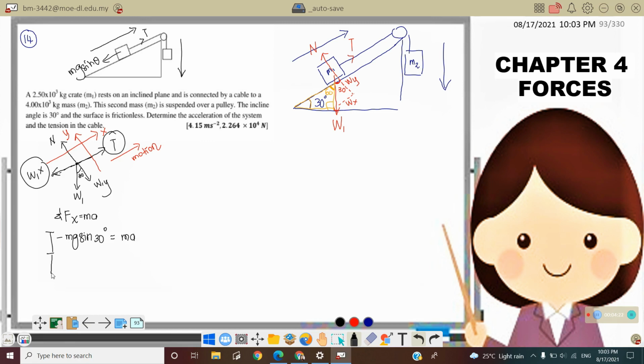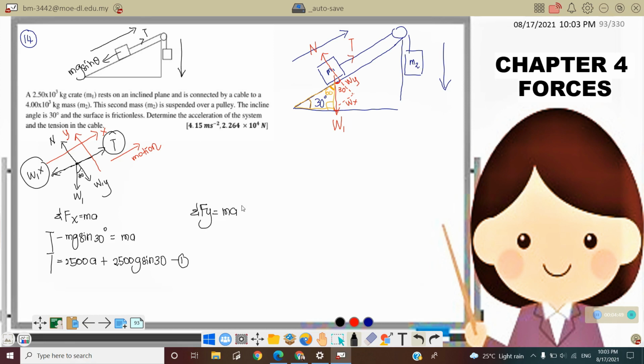So the first equation we get is tension equals to MA, where M here is 2,500, A plus 2,500 G sine 30. So this is our first equation. The second equation of course is from the y component. Fy equals to MA.